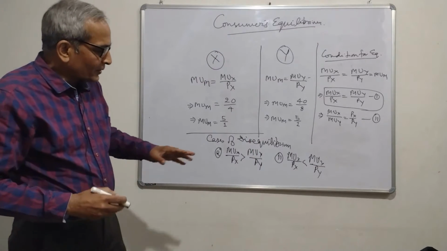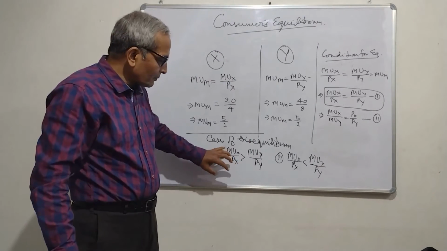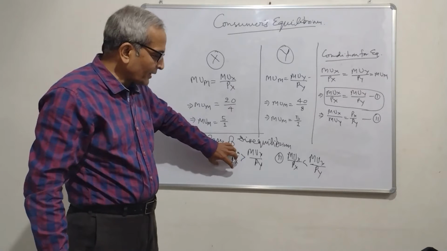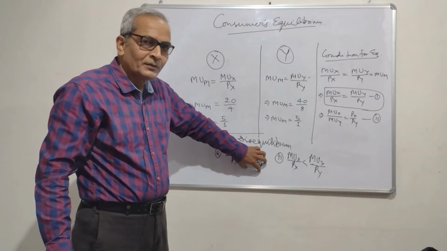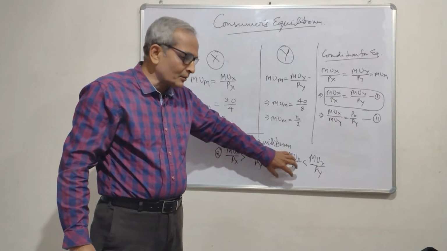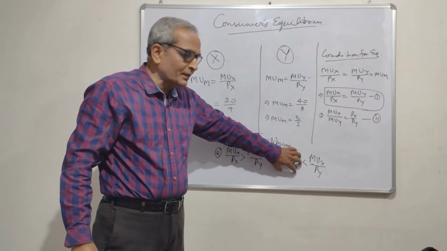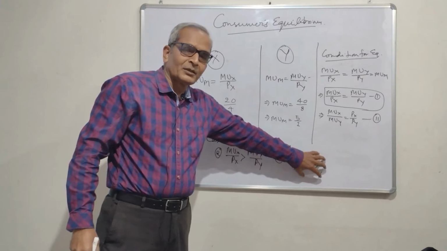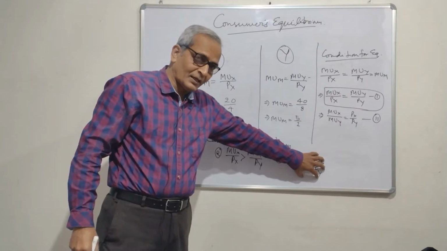So, in the first case of disequilibrium, the marginal utility of money of X is more than that of Y, and in the second case, the marginal utility of money of X is less than the marginal utility of money of Y.